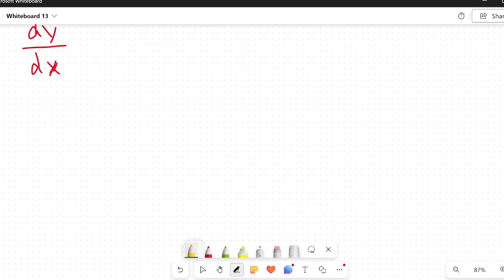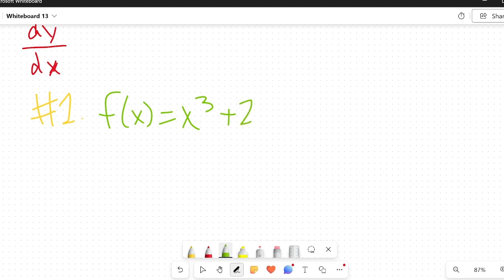So practice problem number 1: how would we take the derivative of f of x equals x to the 3 plus 2x? How do we take the derivative of this?